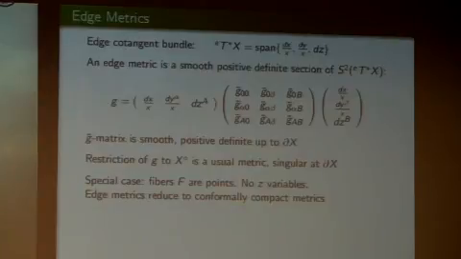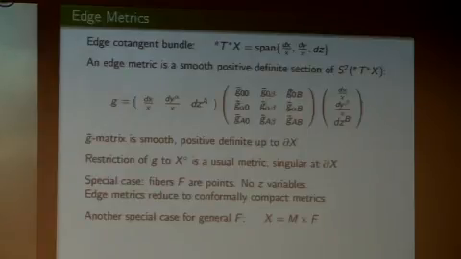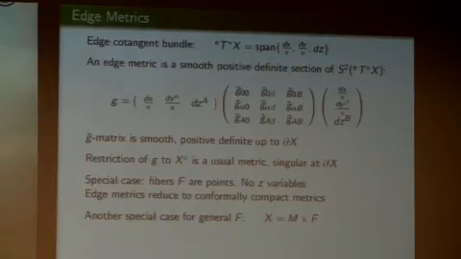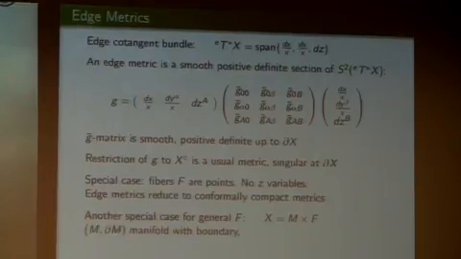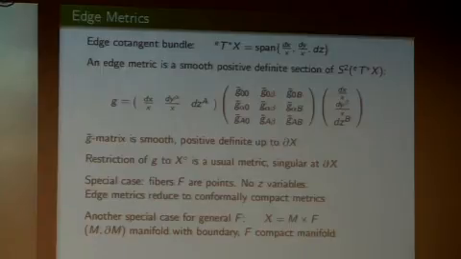And these are the examples that come from physics. And these are product situations. So the manifold itself is the product. It's not only on the boundary that we have a product, I'm actually going to take the whole manifold to be a product. So M is a manifold with boundary, and F is a compact manifold. And then of course, when you take the boundary of M cross F, that's a trivial product fibration, and so this naturally inherits an edge structure.